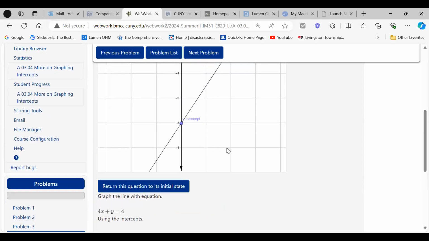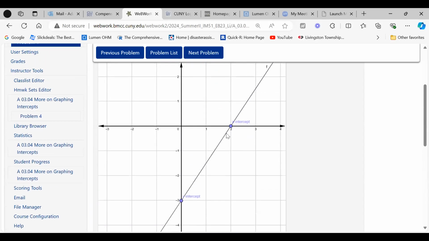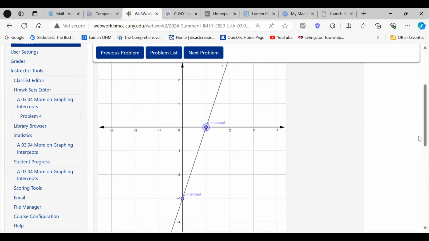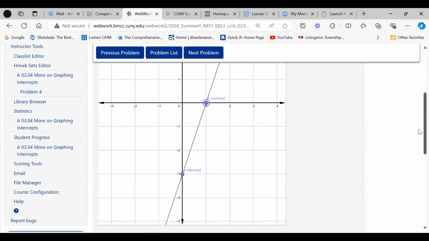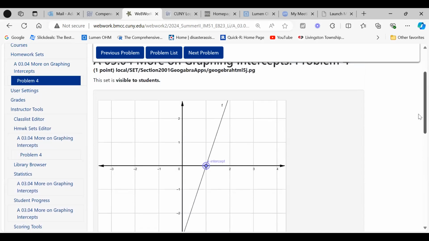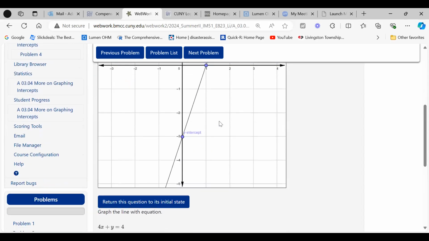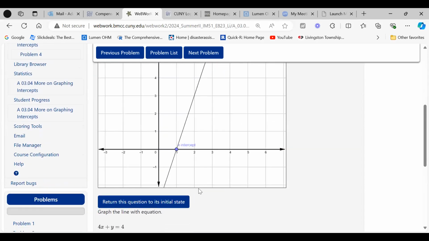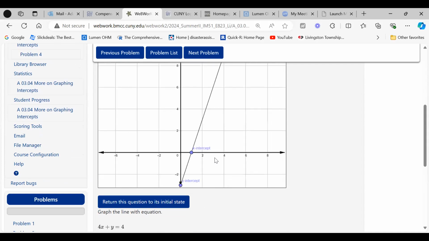Okay, so one more time, we're gonna graph it. The x-intercept is (1, 0), and then the y-intercept is 4 on top. You want to get the 4, right?